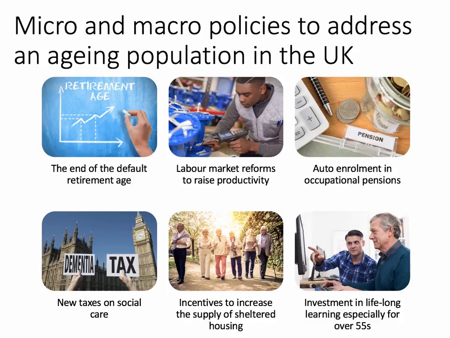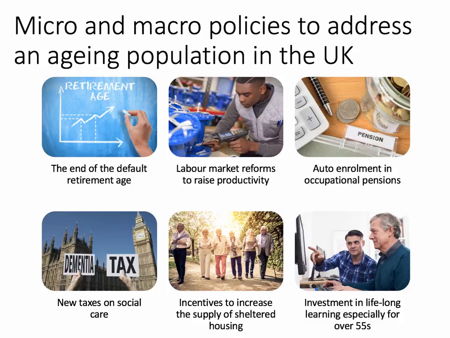Policies, we're going to need to increase the supply of housing. We need to change the pattern of housing and perhaps build more smaller homes, often with a sheltered aspect to them. The government clearly needs to think about how best to encourage communities to invest in lifelong learning, particularly for the over 55s. And of course, migration policy will be a key thing to think about.